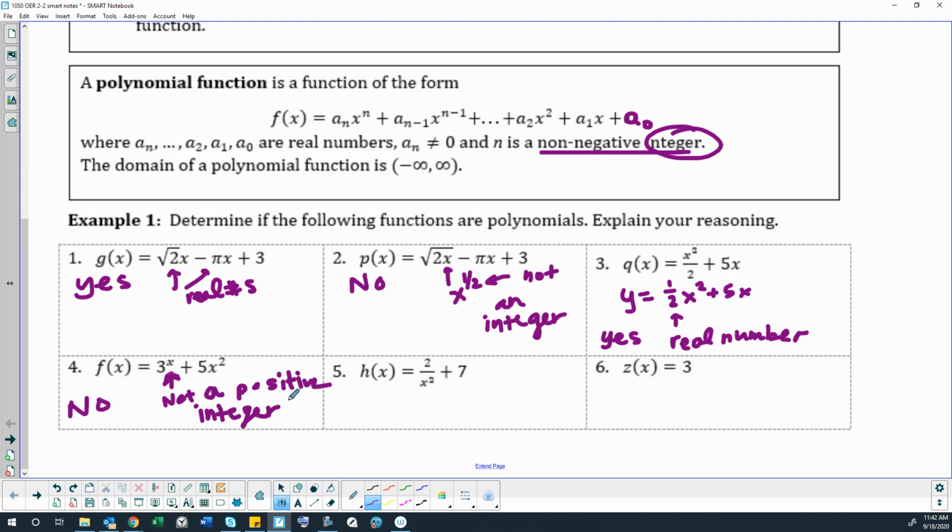Okay, go ahead and start looking at number 5. In fact, we will learn about these in chapter 4. This one's called an exponential function, and an exponential function is not polynomial.